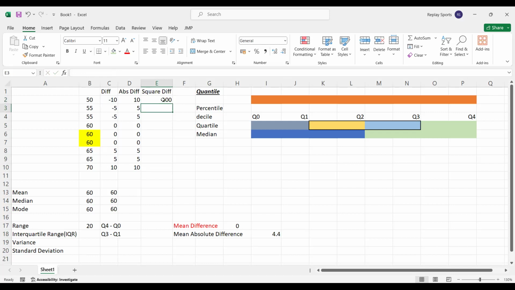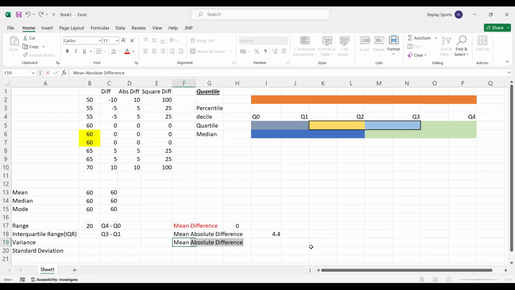So this is your square difference. Now I will find the mean squared difference, MSD.